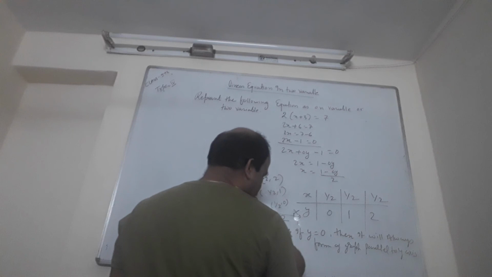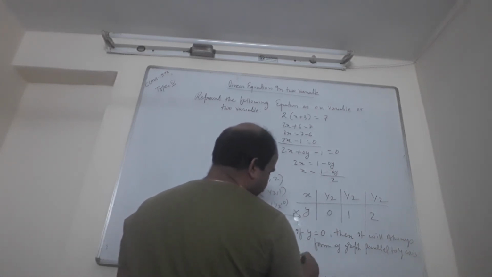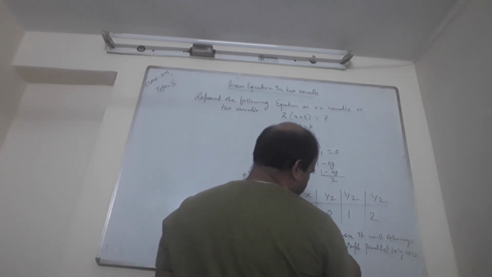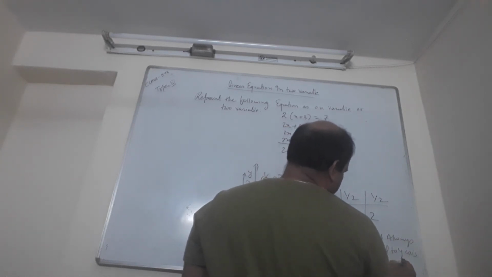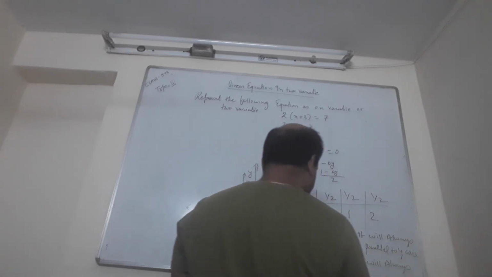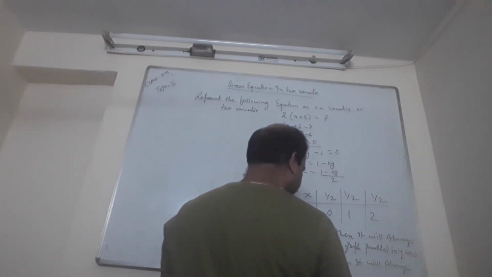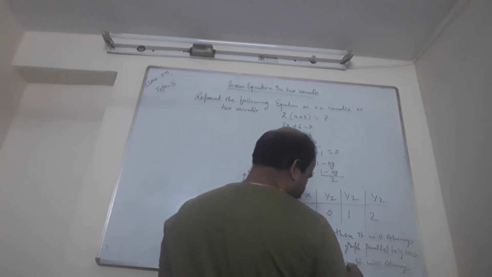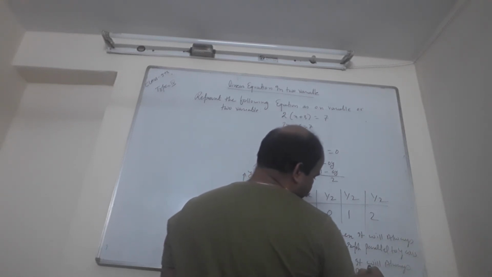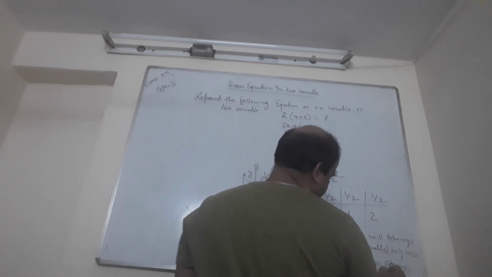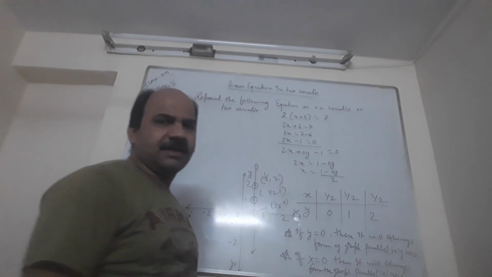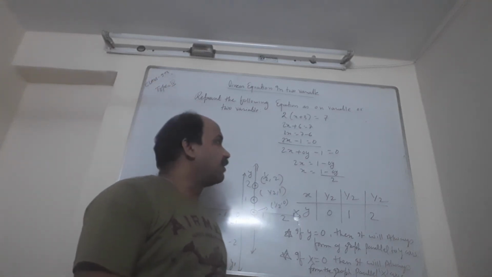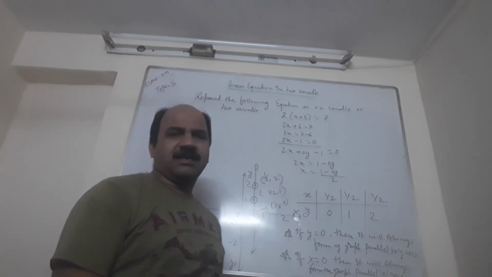And similarly, if x equal to 0, then it will always form the graph parallel to the x-axis. So this is all about the different types of questions in chapter number 4 of standard 9, linear equations in two variables.